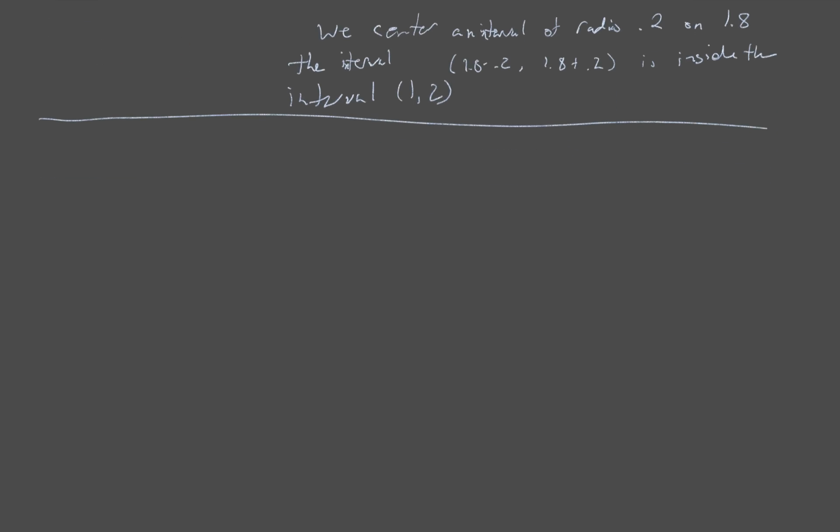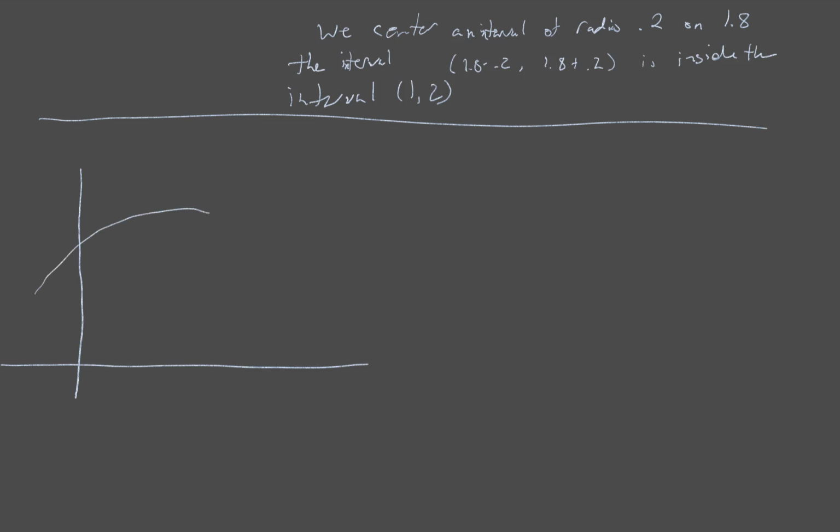So let me now write down this definition of limit with deltas and epsilons and that sort of thing. And let me draw a picture first to kind of motivate this definition. So we're going to have a function, and we're going to try and find this limit.